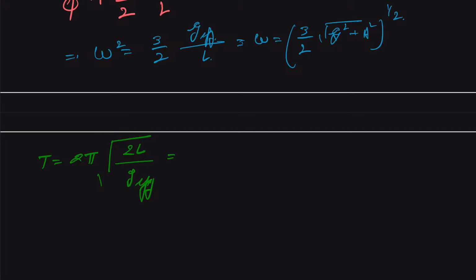Or in terms of G and A, we can write this as about 2 pi square root, this comes as about 2L, and here we have our 3, G square A square and its square root. Okay. So this is our time period as well as our angular frequency.